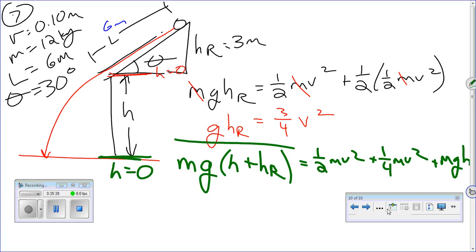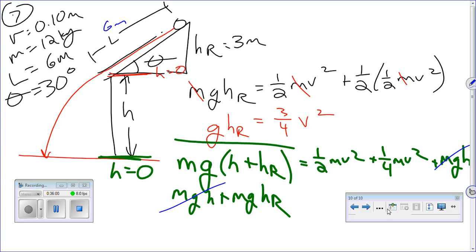But notice, if you distribute this, you get mgh plus mghr, and then mgh plus mghr, and then you just subtract mgh from both sides, and you end up with what we had to begin with. So it really shouldn't matter.